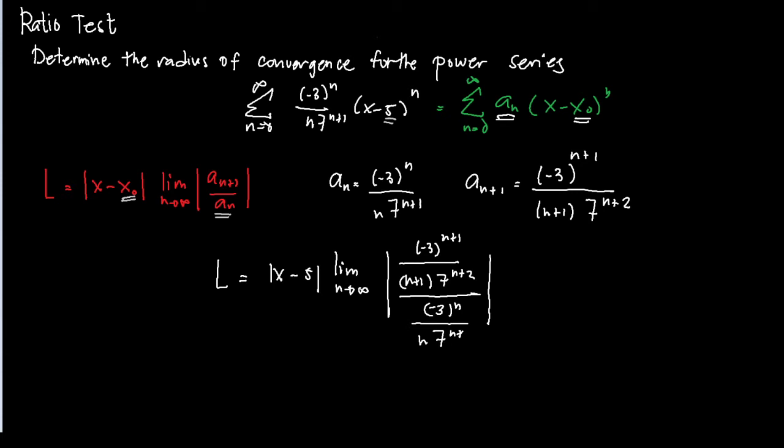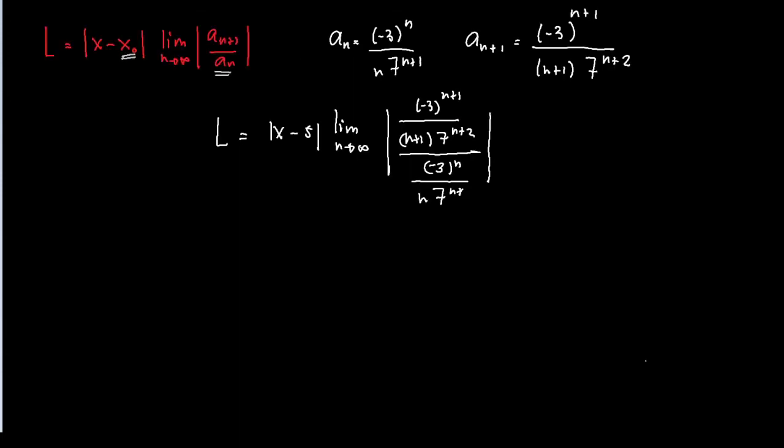Now, what we can do is first simplify this division of power series coefficients so that we could distribute the limits of n.